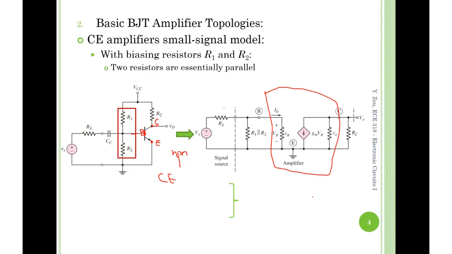First one, which is the easiest? Sorry, I think I made a mistake. I shouldn't say this is the small signal model. This is the basic small signal model of the transistor itself. Does it make sense? More sense, right?